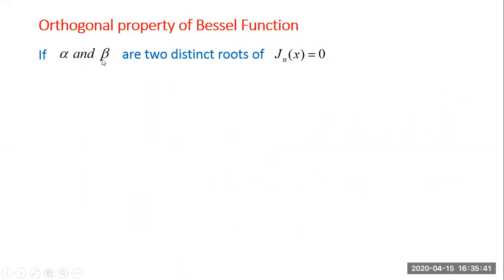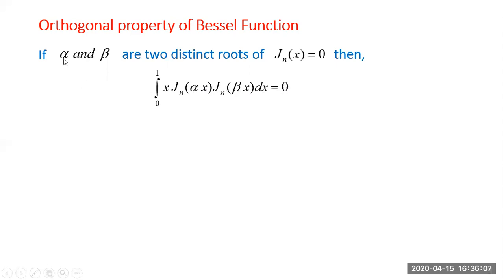If alpha and beta are two distinct roots of Jn of x equal to 0, then the integral from 0 to 1 x into Jn of alpha x into Jn of beta x dx is equal to 0. So we show that the integral from 0 to 1 x into Jn of alpha x into Jn of beta x dx is equal to 0.